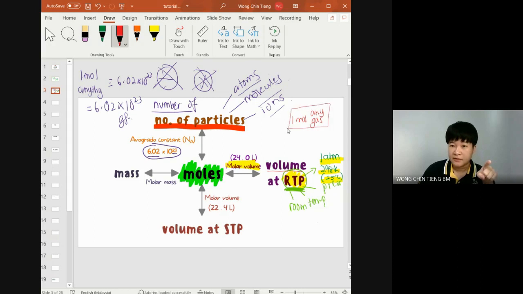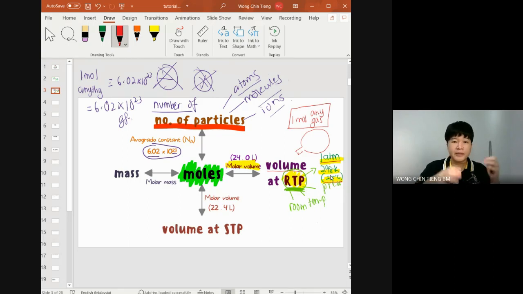Remember that. So right now, I have 1 mole of gas. I put this 1 mole of gas in a balloon, because a balloon can expand and shrink. I bring this balloon into a room where the pressure is 1 atm and the temperature is 25 degrees Celsius.